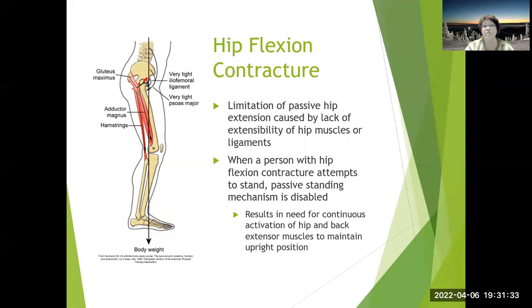So when a person with a hip flexion contracture attempts to stand, that passive standing mechanism is disabled. So it results in the need for continuous activation of extensor muscles in the hip and the back to maintain an upright position. Well, how much energy does that take? That takes a ton of energy. So that is a consideration when we're working with someone who, for whatever reason, has a hip flexion contracture.